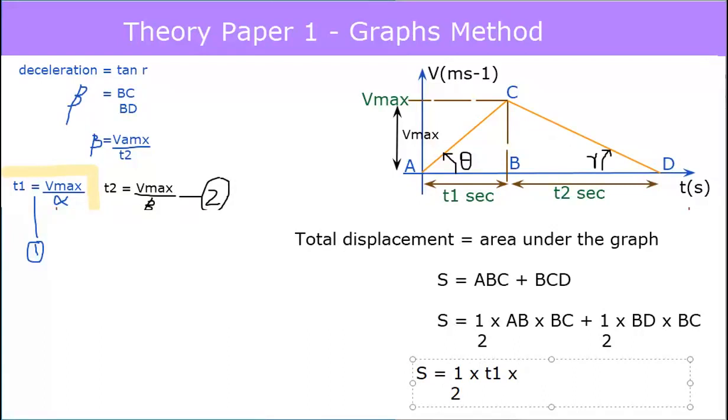Into BC, BC is Vmax. Plus again half into BD, that is T2, into BC. BC is again Vmax. Am I right here? I have written up to this, Lamai.